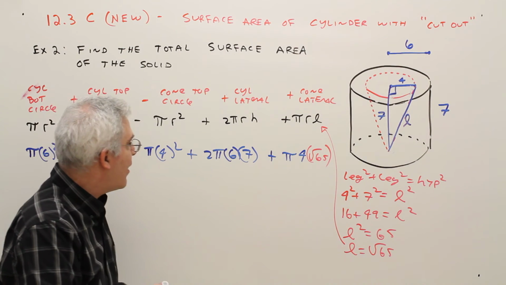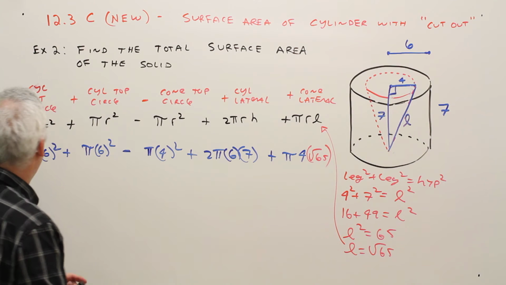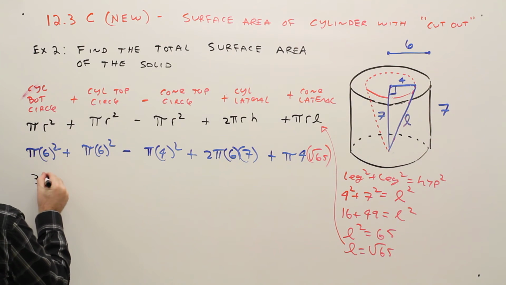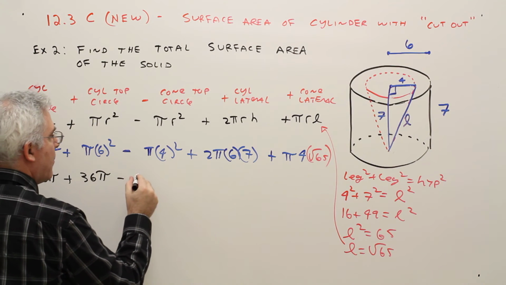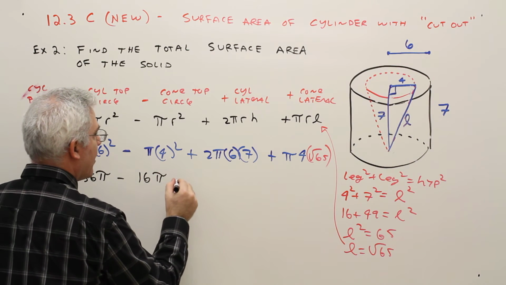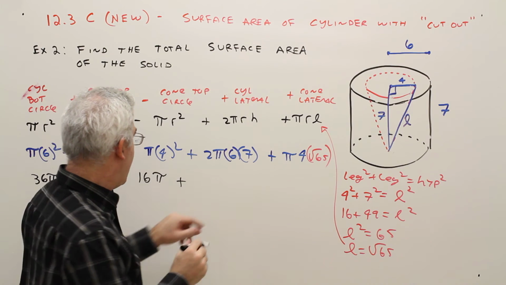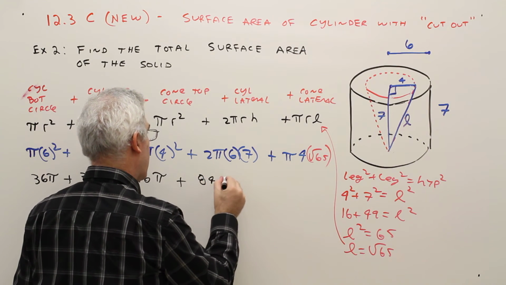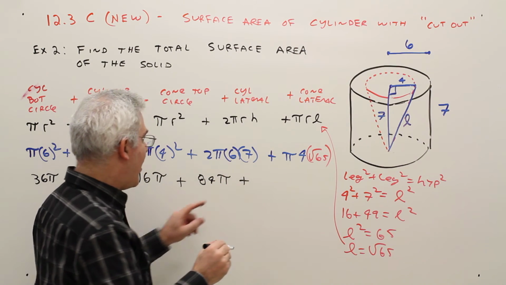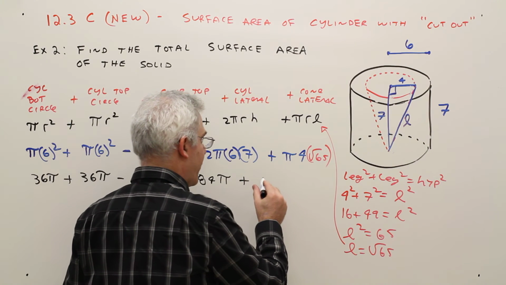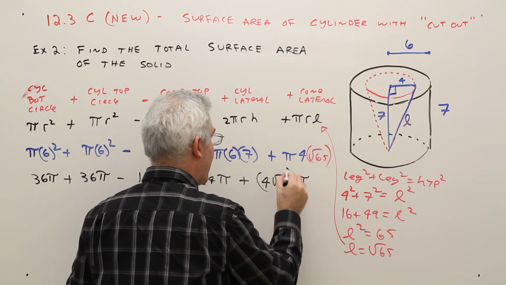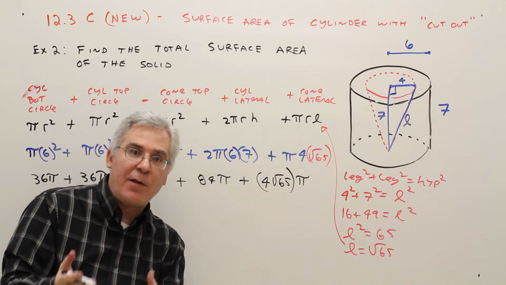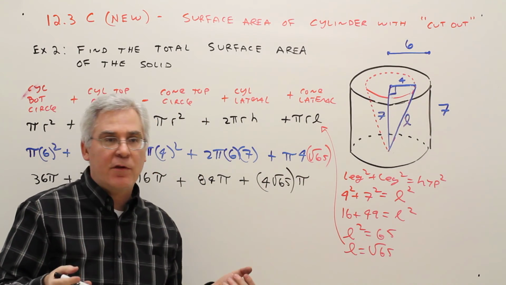All right, let's see if we can add these all up. So 36 pi plus 36 pi minus 16 pi plus 84 pi plus, not so friendly, 4 radical 65 pi. And again, just to make sure that you don't think pi is under the radical, I'll use parentheses.